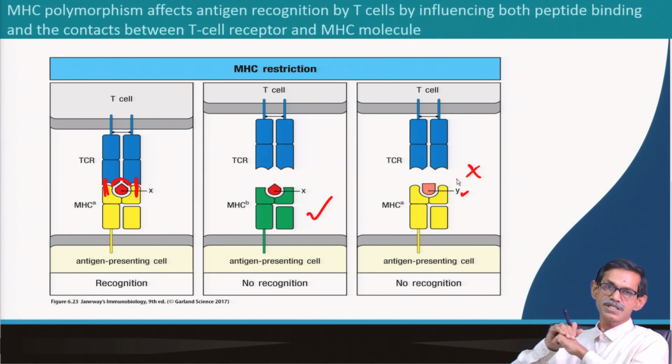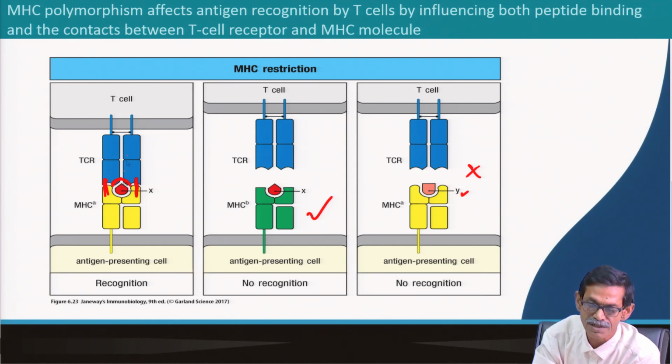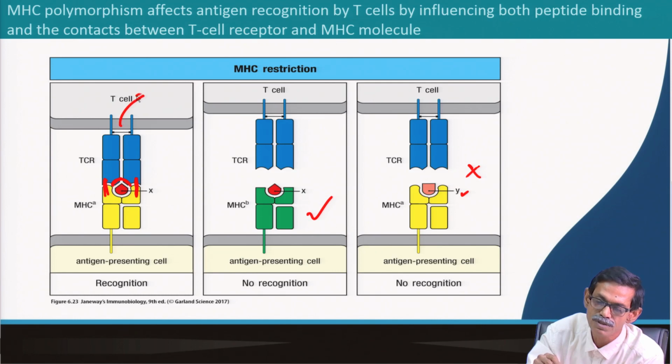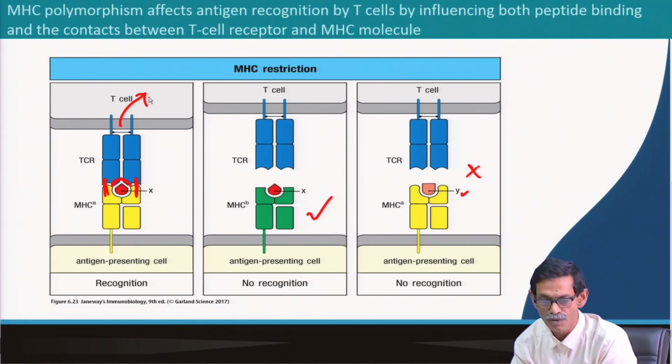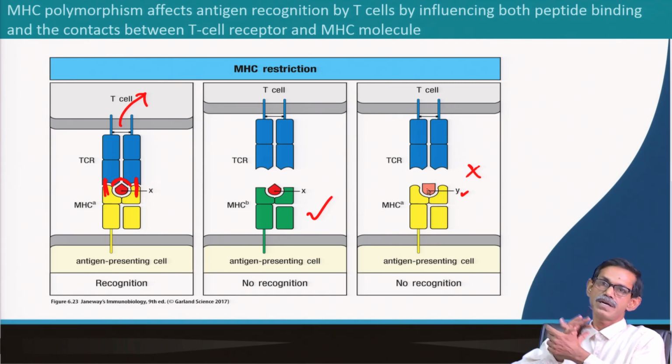That means the TCR should recognize the MHC as well as the peptide presented by the MHC. If both interactions are perfect, then only will the TCR interact, and then the signal goes inside and tells the T cell what to do and what not to do. No recognition can happen either due to the MHC or maybe due to the antigen. This is called MHC restriction.